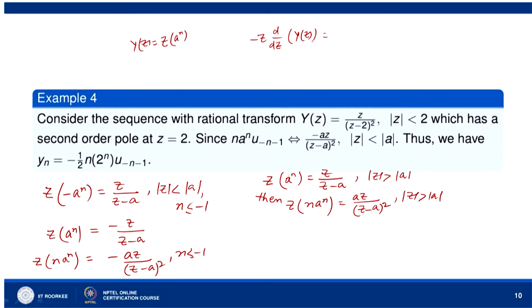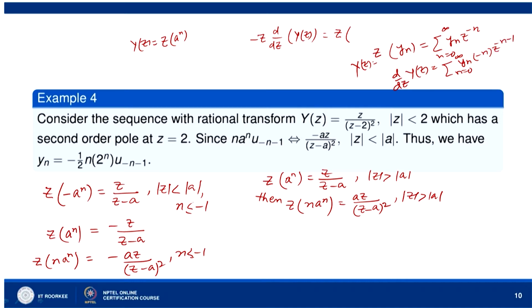Suppose the Z transform of y n is the sum for n equal to 0 to infinity of y n z to the power minus n. Then, calling this Y(z), d over dz of Y(z) equals the sum for n equal to 0 to infinity of y n into minus n z to the power minus n minus 1.